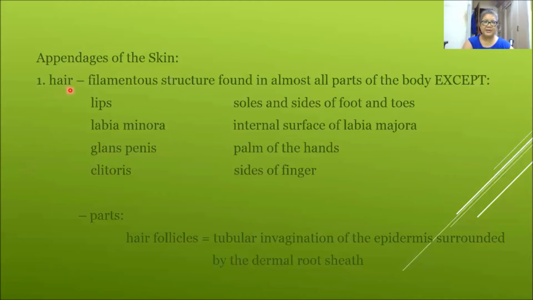So the parts of the hair: you have the hair follicle. This is the tubular invagination of the epidermis surrounded by the dermal root sheath. So your hair follicle will be embedded inside the skin and it will invaginate the epidermis and go to the dermis.